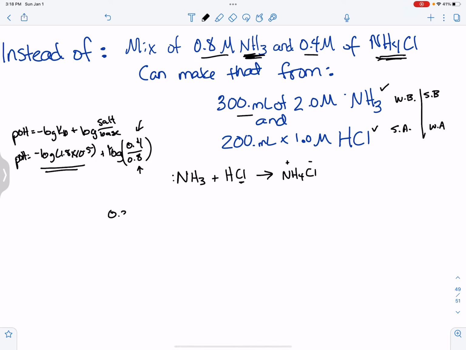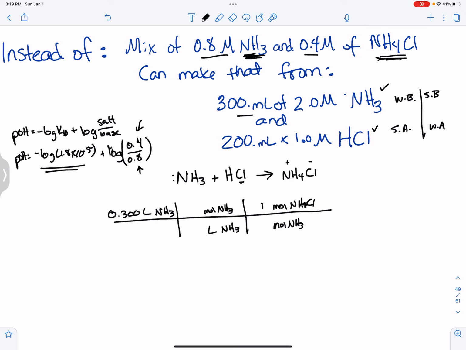So I have 0.300 liters of NH3, and I'm going to go from liters to moles. This is all of the NH3. And then from moles of NH3 to moles of NH4Cl. Notice that those are all 1-to-1, so that's going to be a really easy one. I'm going to set up the other one after I fill this in.